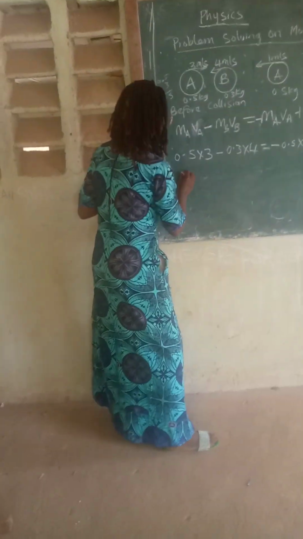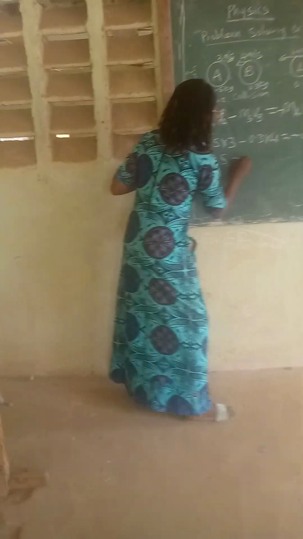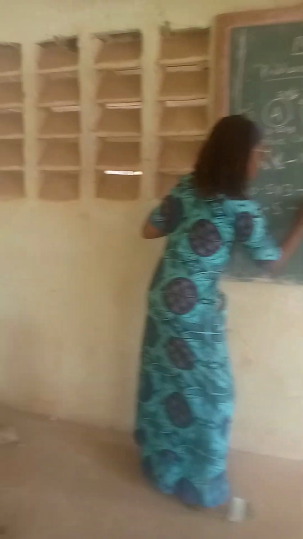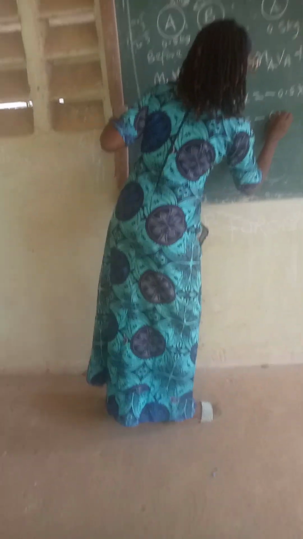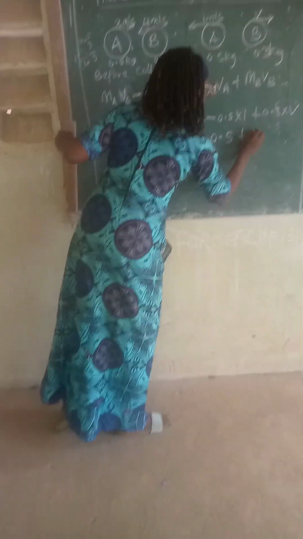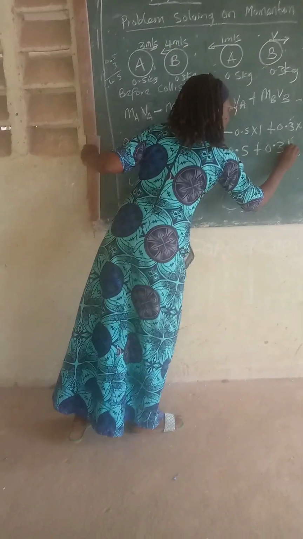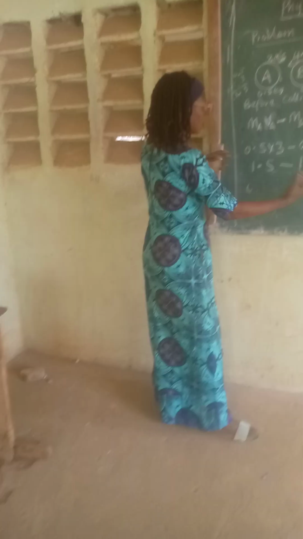So this is going to be 1.5. 0.5 times 3 is 1.5, minus 0.3 times 4 is 1.2, is equal to minus 0.5 plus 0.3V.